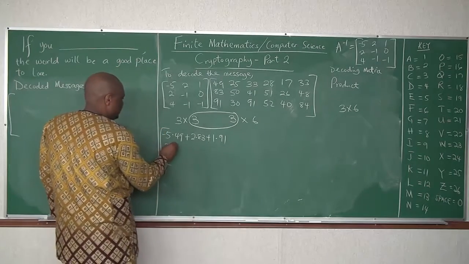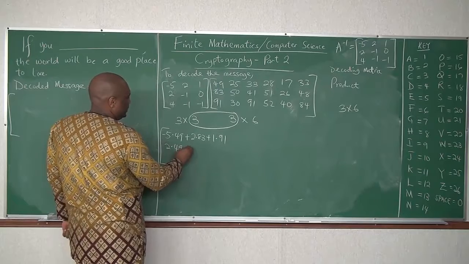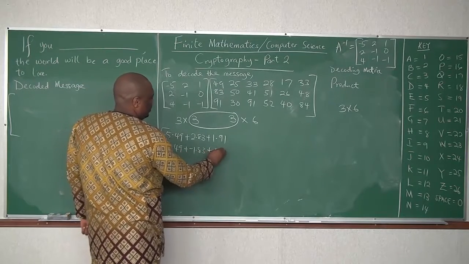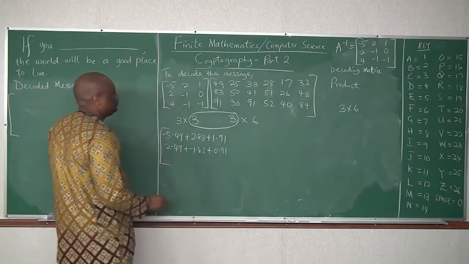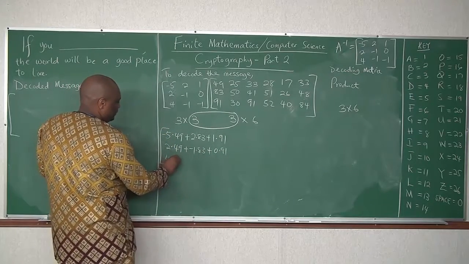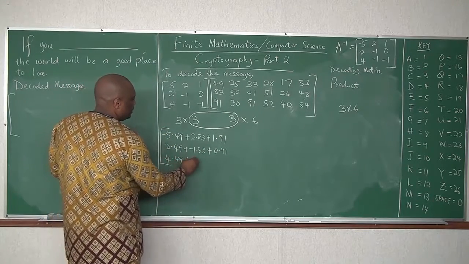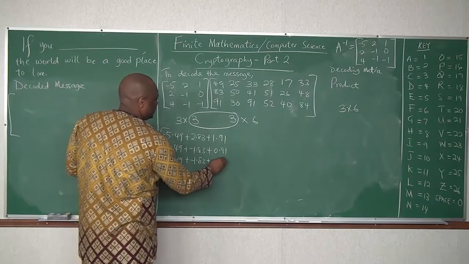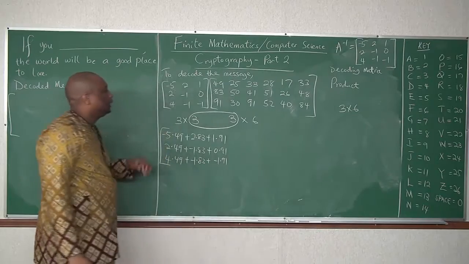2 times 49 plus -1 times 83 plus 0 times 91. 4 times 49 plus -1 times 83 plus -1 times 91, right?